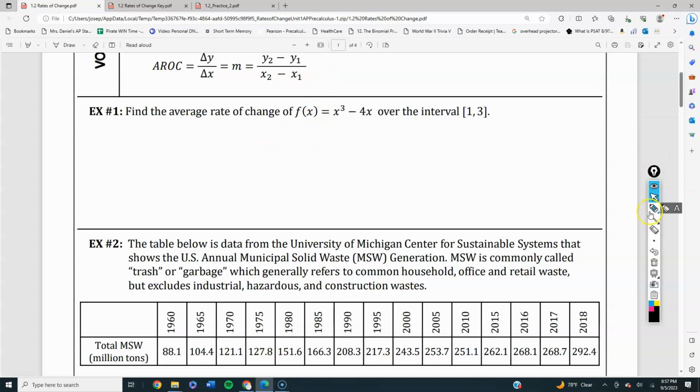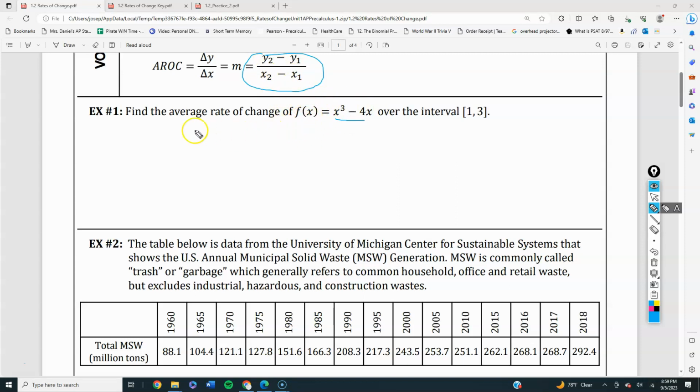Find the average rate of change on the function denoted here over the interval from 1 to 3. We're going to do our change in y over change in x. But remember, we can think about this as our change in f of x over our change in x, right?